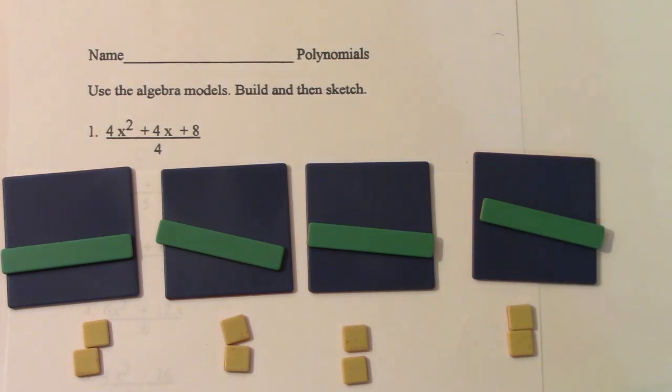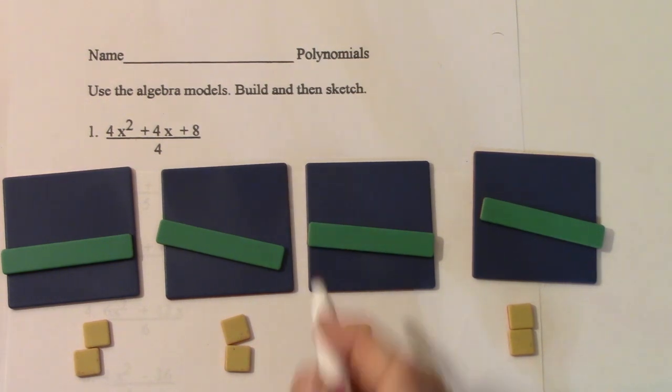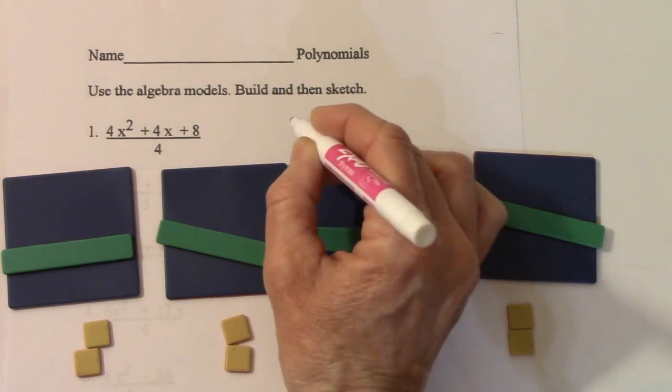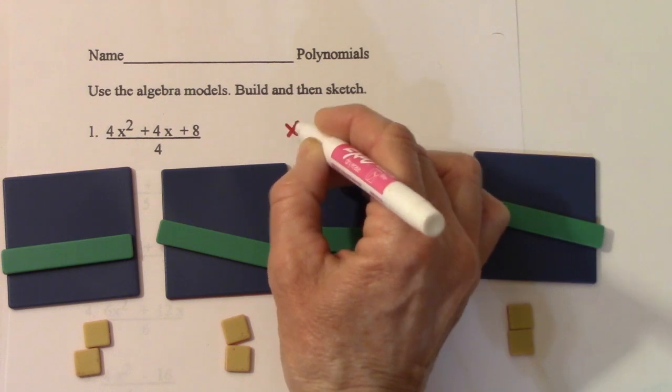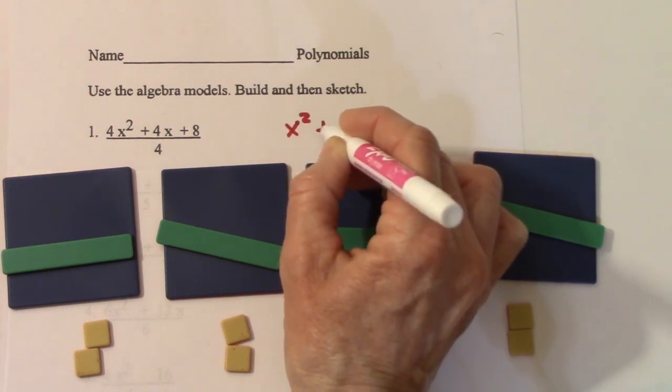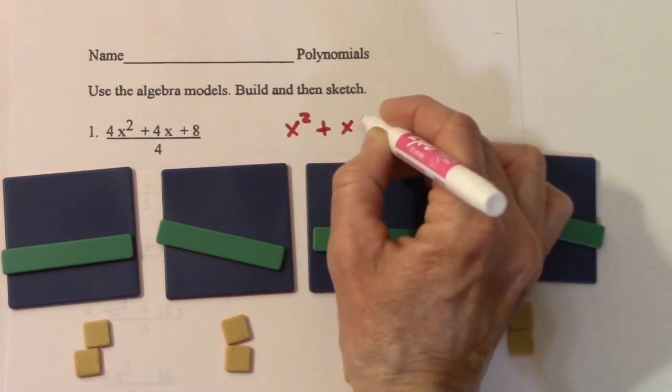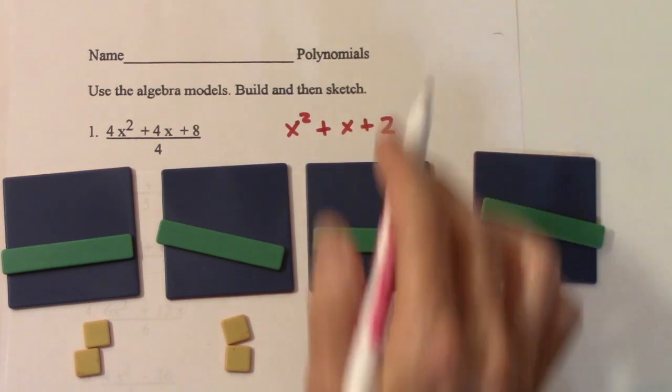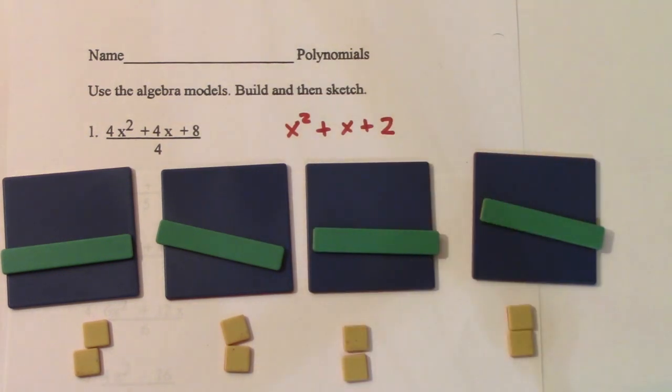So in each group, I have an x squared, an x, and 2. So then my answer here is going to be x squared plus x plus 2. That's what's in each group.